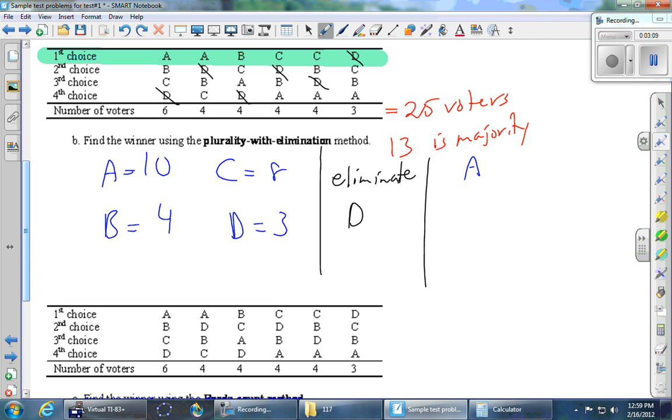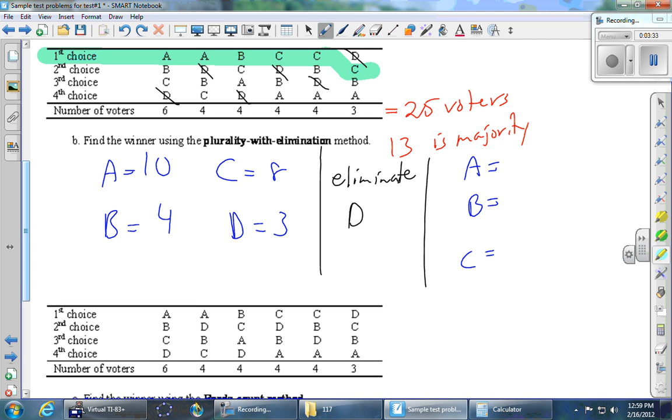Round 2. A, B, C. So you're going to recount first place votes, except that up here, that's no longer highlighted in blue, because with D getting eliminated, the first place for that last column is now down there.